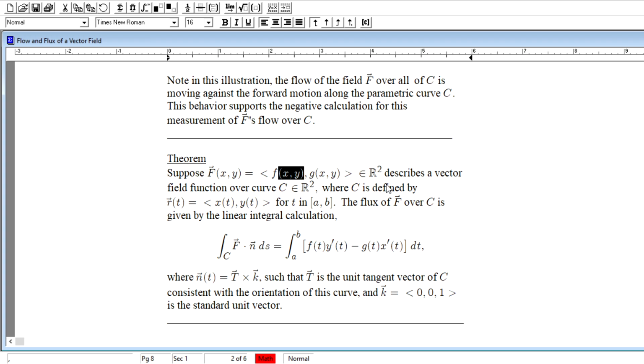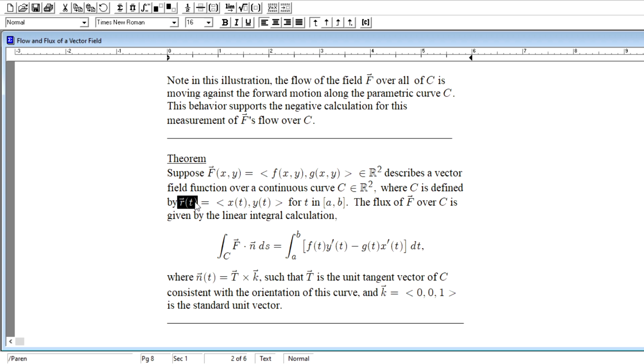All right, and that is occurring over what we might say is a continuous curve C, also contained in 2-dimensional space, where C is defined parametrically by R bar at t, described by the parametric equation x at t comma y at t.